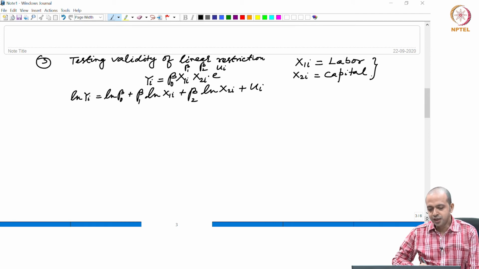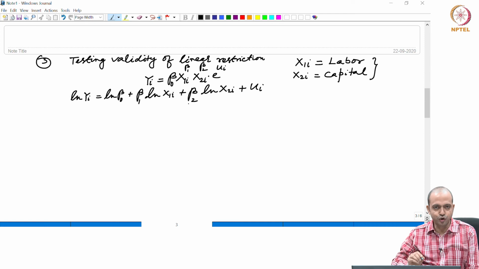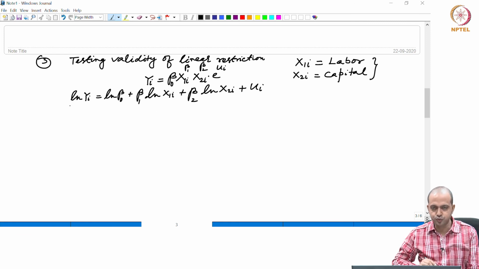Okay. And then we also said that since this is a linearized log-log model, the interpretation of beta 1 and beta 2 is actually the direct elasticity measure. That means for 1% change in labor, what would be the change in output, and beta 2 indicates the change in output for 1% change in capital.